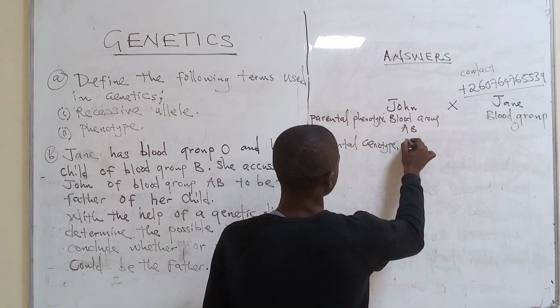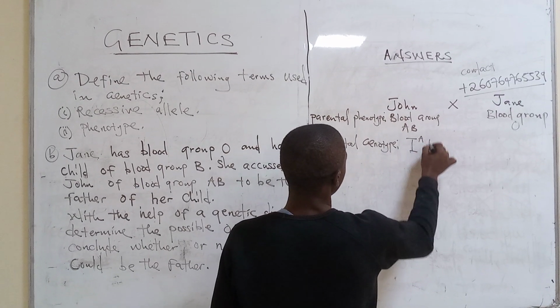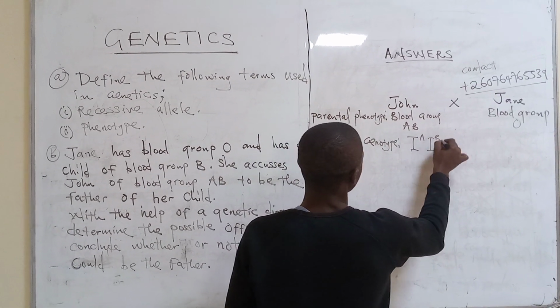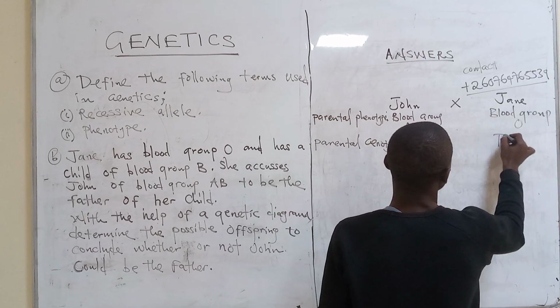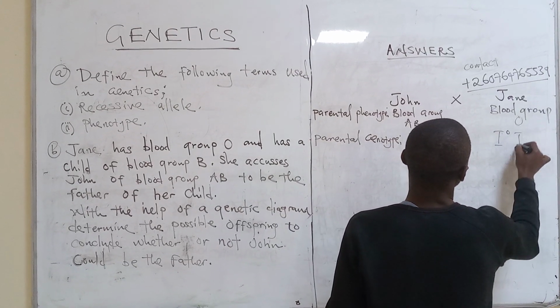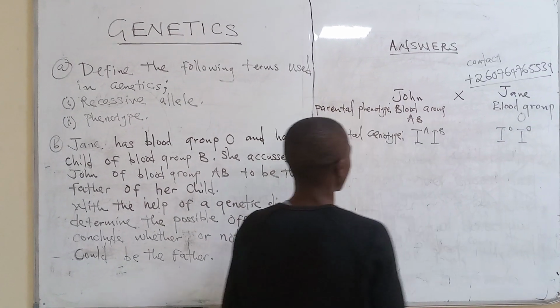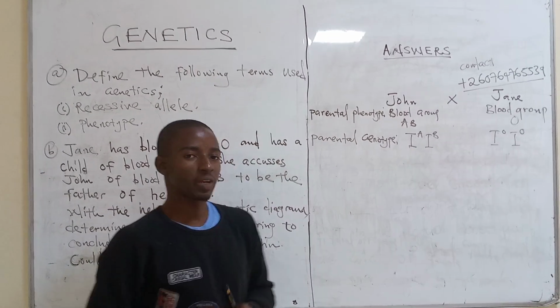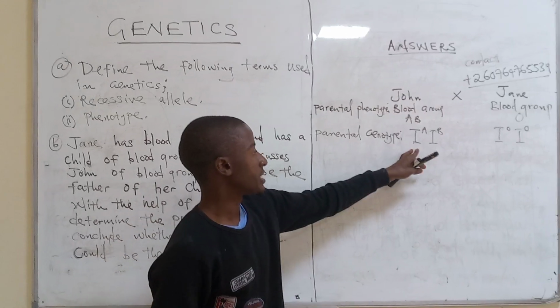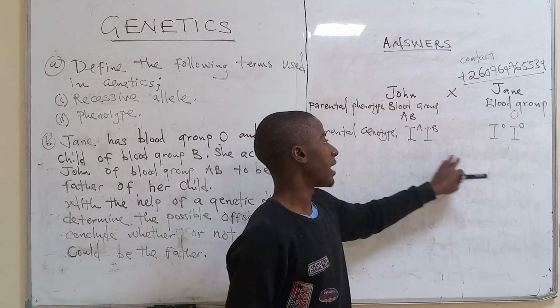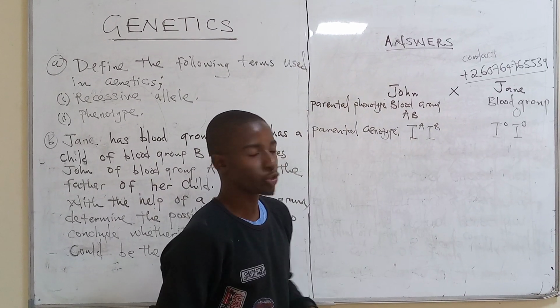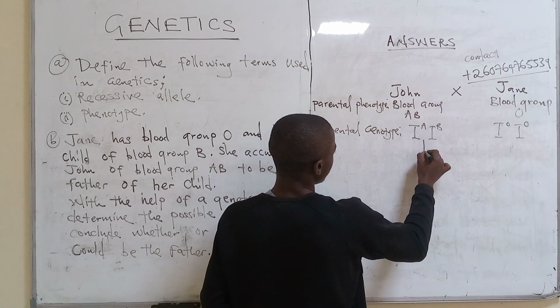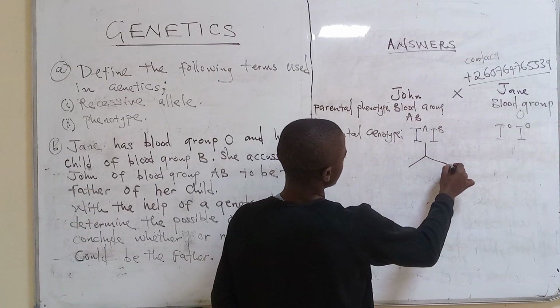So that is IA IB, like that, and ii like that. So from there, what is going to take place is meiosis, where these two parents' gametes are going to be split into two.